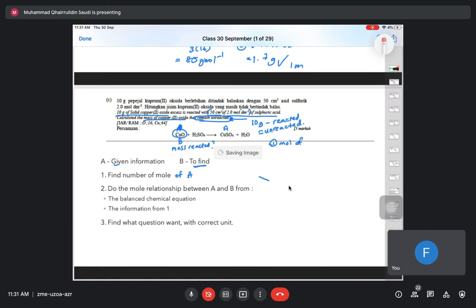Solid copper? Kan dah oxide. Tulis kat sini. A kita siapa? Copper sulfate. Yes, copper sulfate. Find the number of mole of A. So, A adalah copper sulfate. Bukan copper sulfate. Sulfuric acid. Masya Allah.